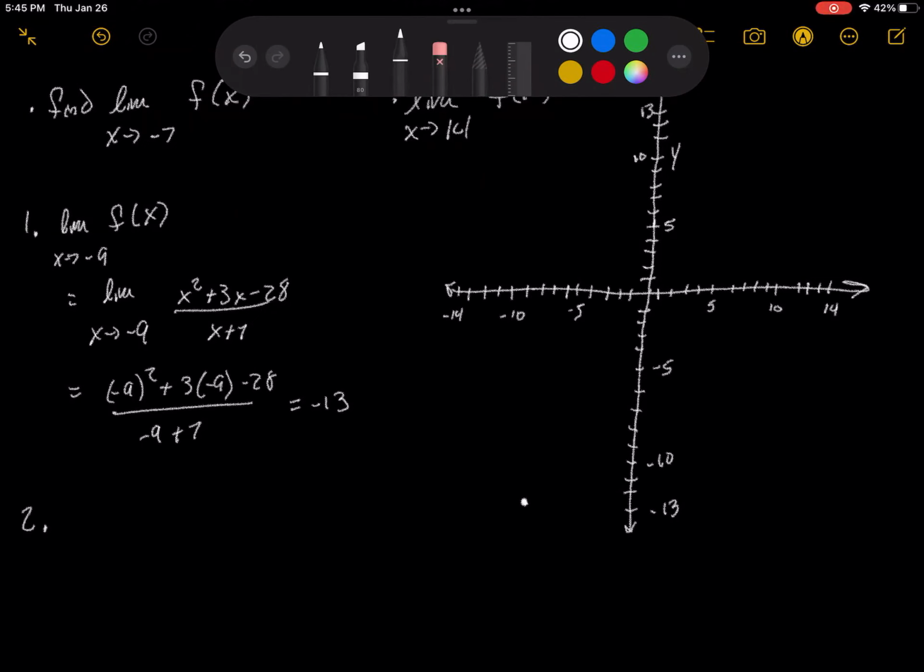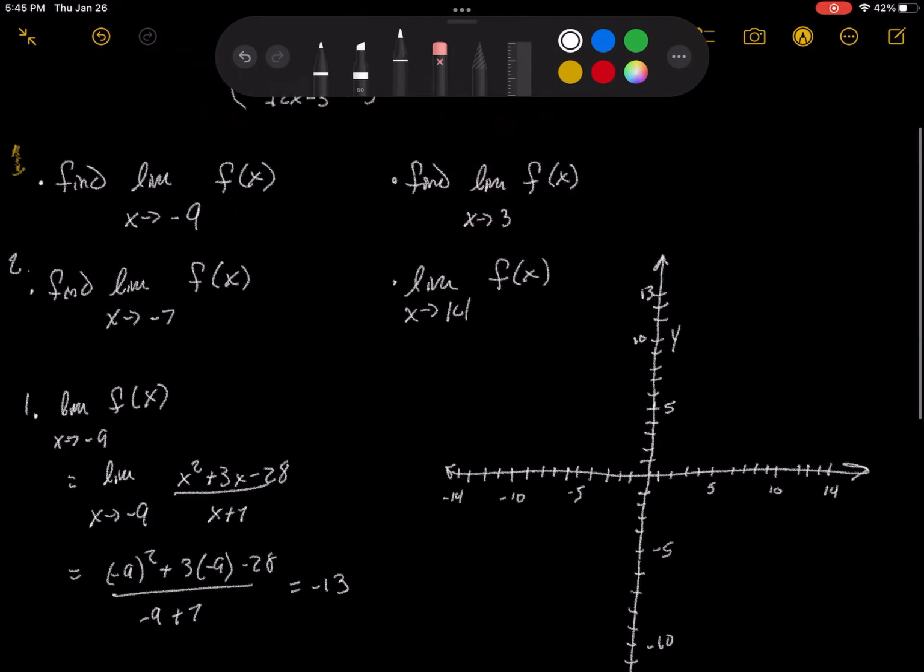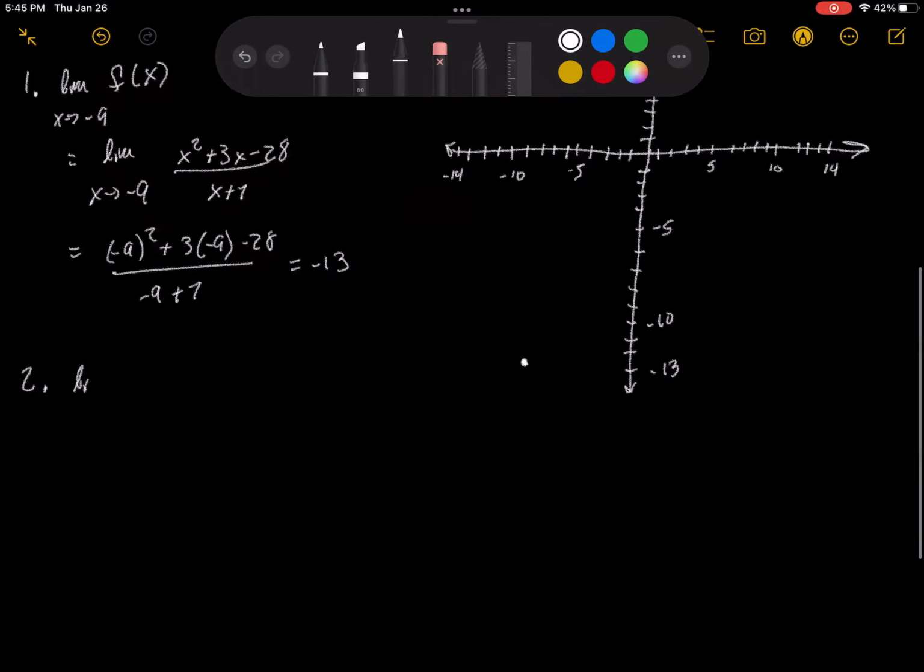All right, now let's work on number 2. The limit as x approaches -7, what is the function doing? Well, at -7, I should again listen to the top function: x squared plus 3x minus 28 over x plus 7.